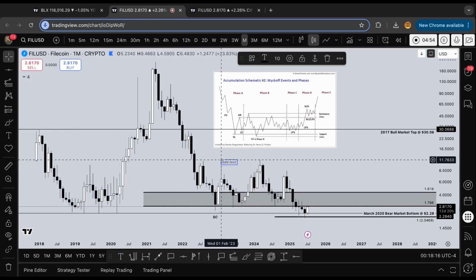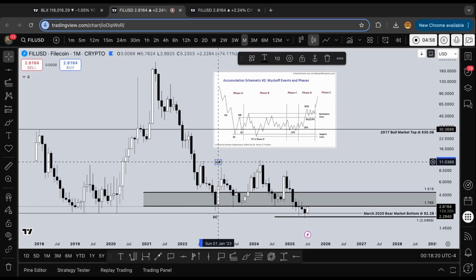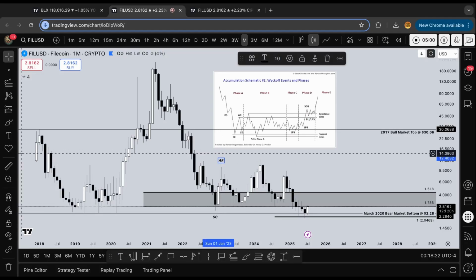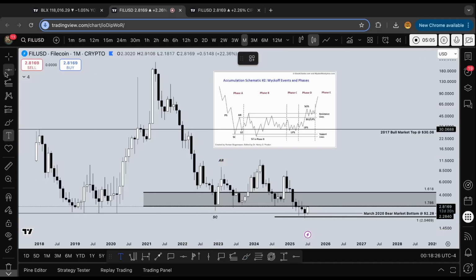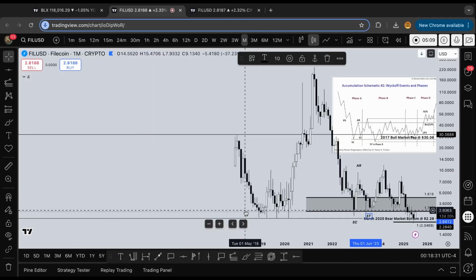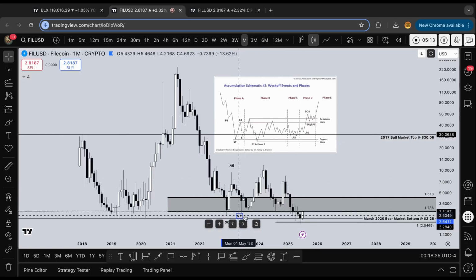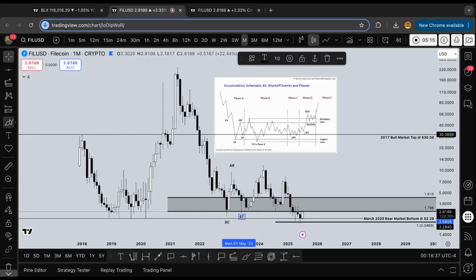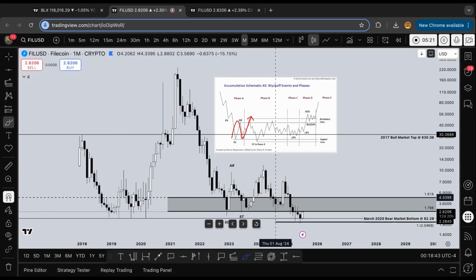We can call that an automatic rally, or AR. Now, any retest of the region close to the selling climax is known as a secondary test, or ST. And we can see that just like in the schematic, we have a very similar three-way correction.